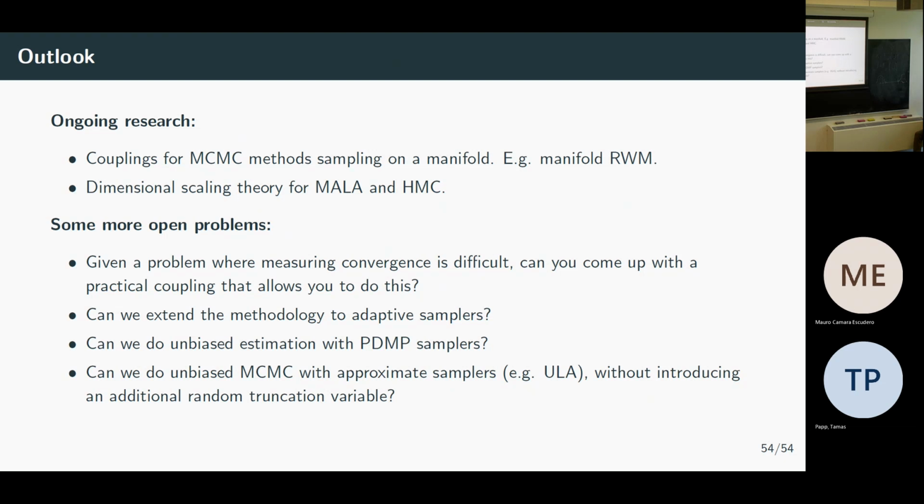So are you facing a similar problem with HMC and PDMPs, since they don't have a density? I haven't tried PDMPs. I think at least one person is working on coupling PDMPs, and I imagine that under the right settings you can get PDMPs to contract, depending on the sampler you're using.